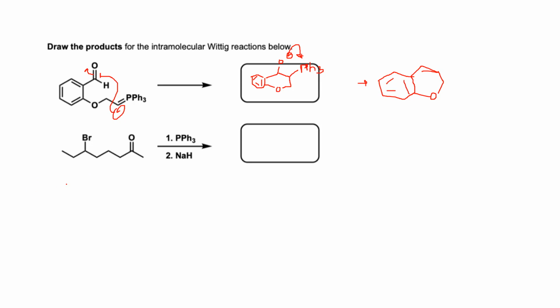Now here you can see in this case a carbonyl compound is given but only bromide is given, not the PPh3. They have already given the PPh3 as reagent. So from there you can get an idea that you have to prepare the ylide in the medium, then that will react with the carbonyl compound. The phosphorus lone pair will attack this carbon center and the bromine will be eliminated, forming this phosphonium salt.